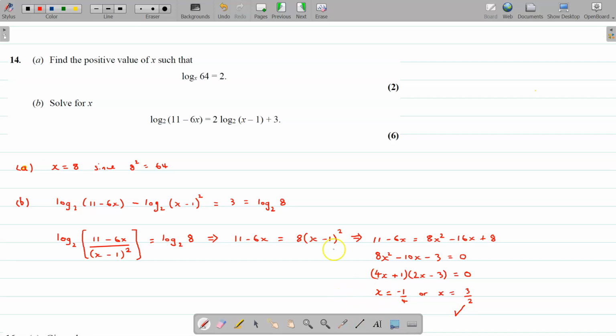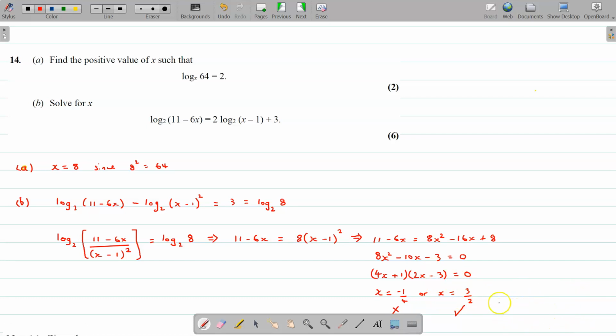If we take the other solution, negative a quarter, this will be positive. But if we put negative a quarter for x in here, it will give us negative 5/4 as the argument for log, and we can't have that. So this solution here is invalid. So we need to eliminate it, or show something to suggest that we've done that.